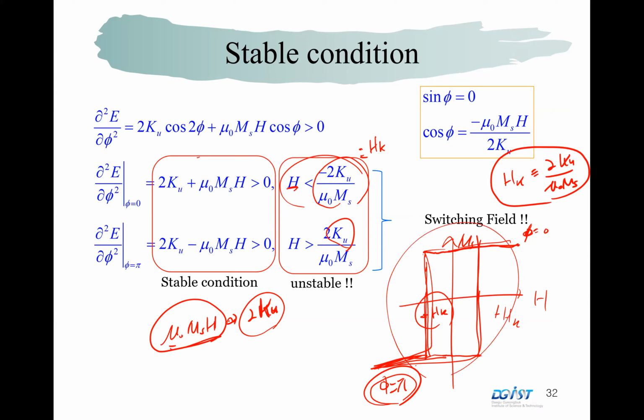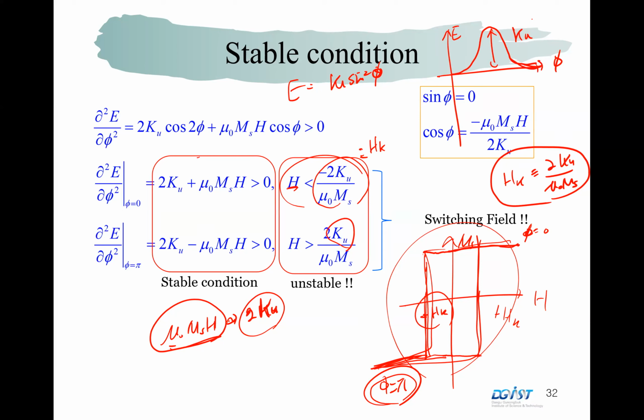So this means the two means the up and down. The energy is KU sine squared theta. Here we are using phi in this notation. This is the phi, and this is the KU.